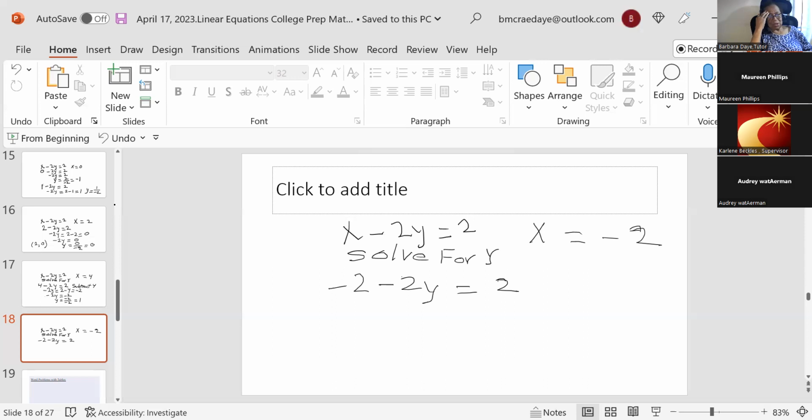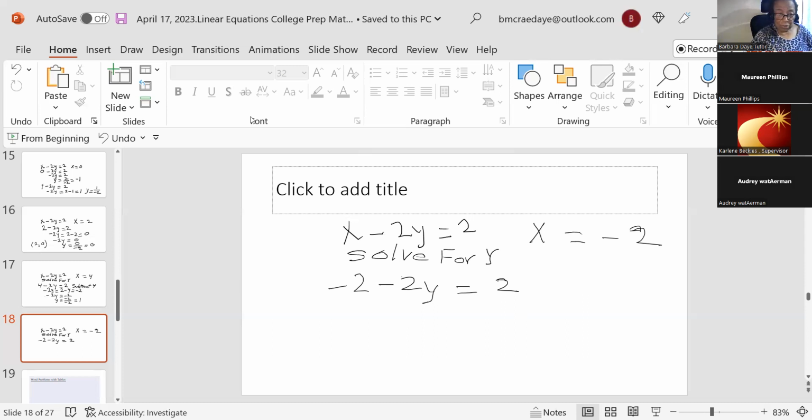But you got a subtraction already. You got a negative sign. So you have to do the opposite. You have to add the 2. Right? See, this is a negative, so you'd have to add. To get a 0, you'd have to add a 2 to a negative 2, right? So that means you add 2 to both sides.